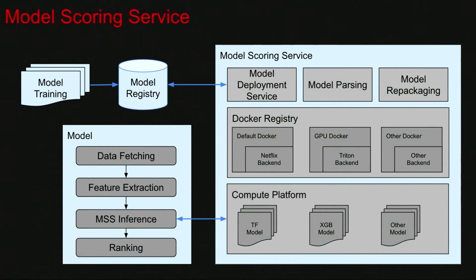We have the front layer where you call to say, I want to deploy my model. And since this model is built with the internal library, we can parse and understand the model. So depending on what the actual model is, we choose which type of Docker image we want to serve the model with, and we deploy it into our compute platform with all the required resources.